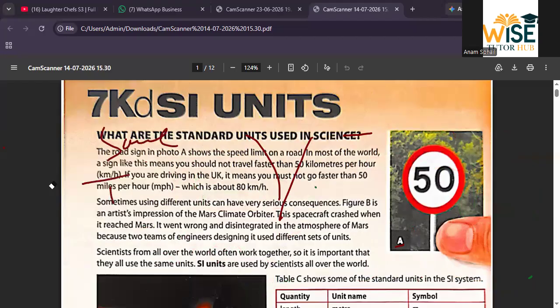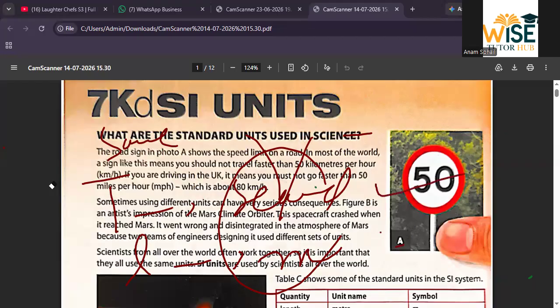For the time they chose second. For the length they chose meter. These units were finalized by scientists, and they are used internationally.